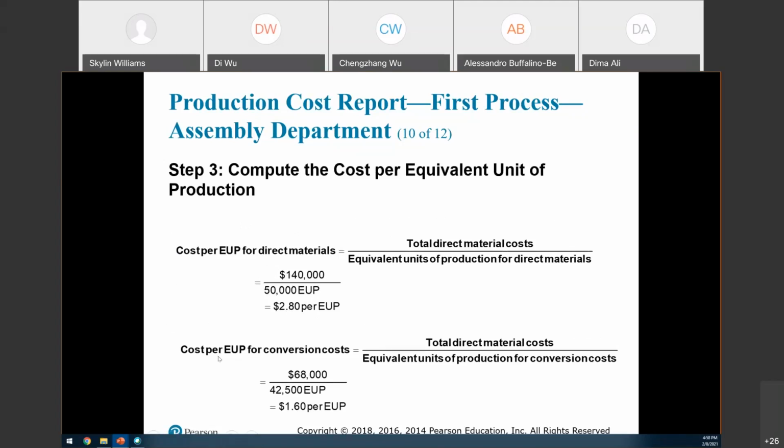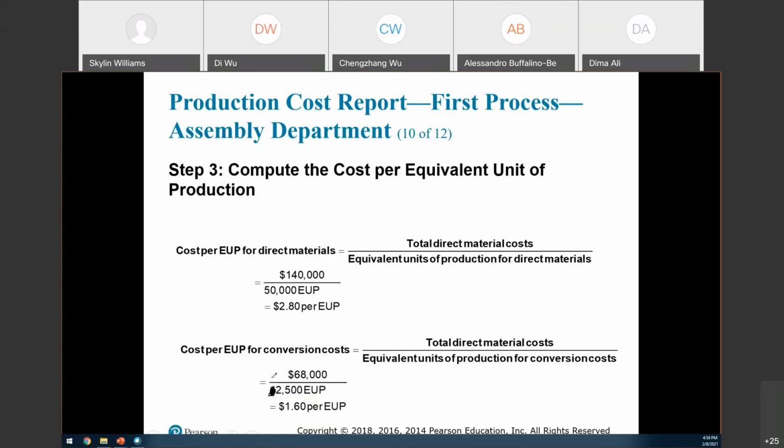But for conversion cost, well, here is an error in the PowerPoint slide. The number of EUPs is incorrect.